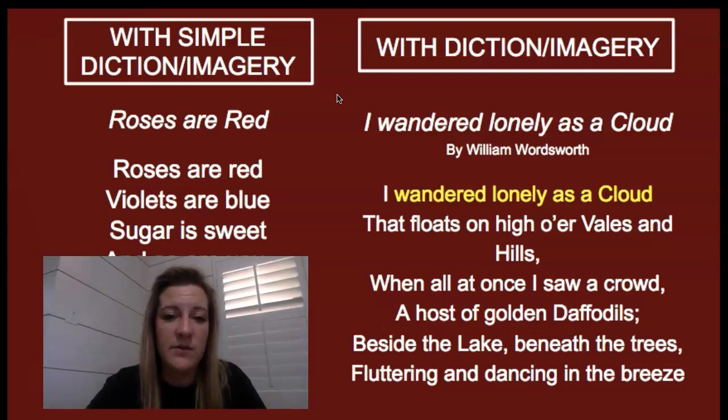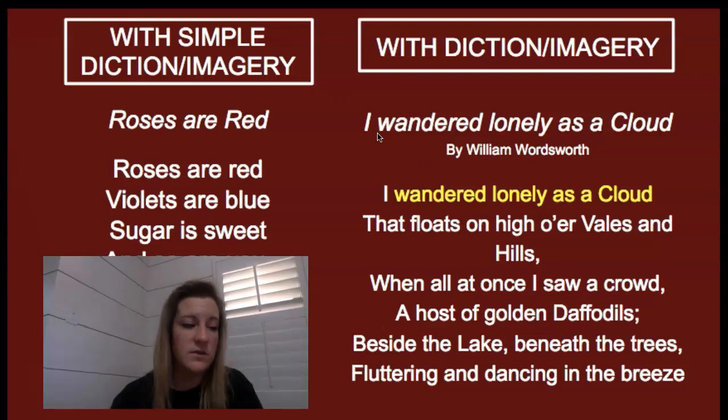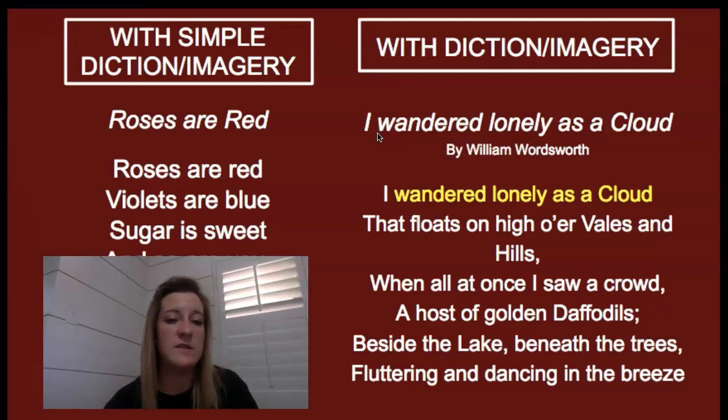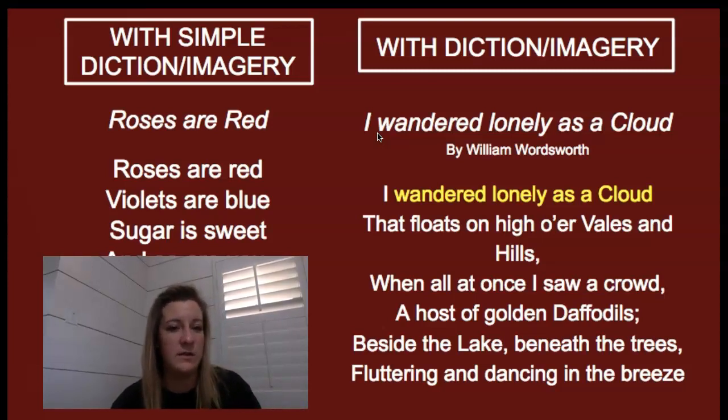Simile, that's figurative language, using the word as to compare things. I wandered lonely. It's like when you see someone by themselves, he's comparing them wandering around by themselves, lonely as a cloud, just floating around, no purpose, just kind of there. So it creates that image and gives you an understanding of how this person is wandering.